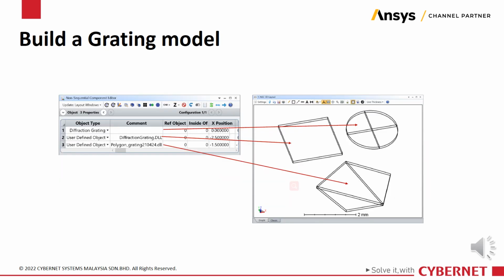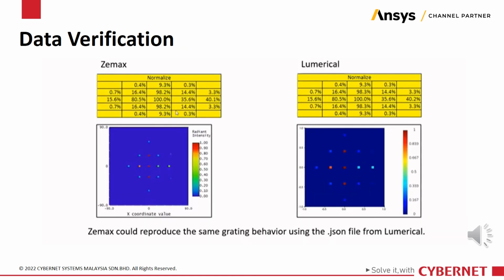Grating properties can be built on three types of objects. There are diffraction gratings, and two types of user-defined objects. Different software may have different post-processing for imported files. In the case of file transfer between Lumerical and Zemax, we have confirmed that the values of the files in the two software are the same.